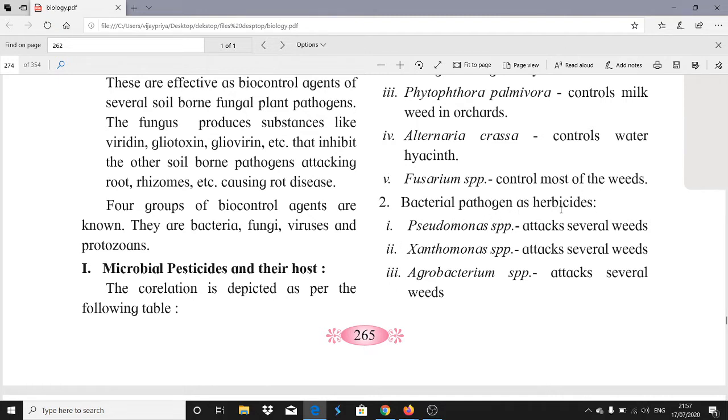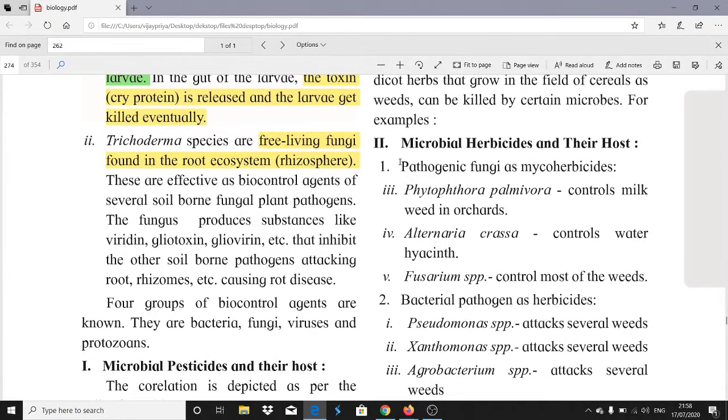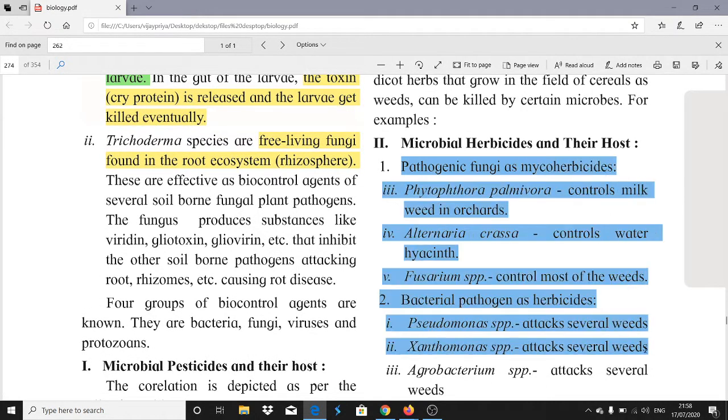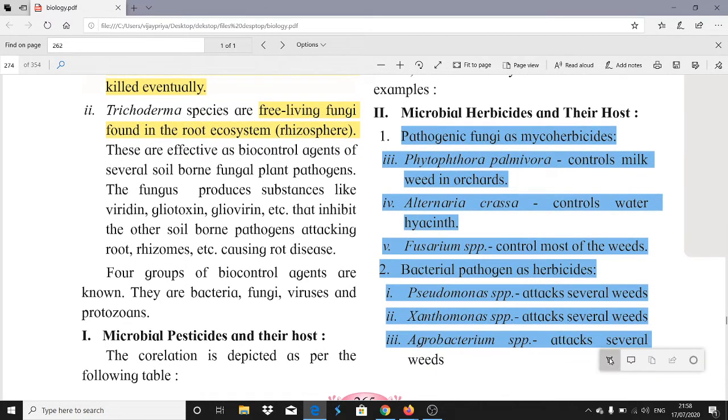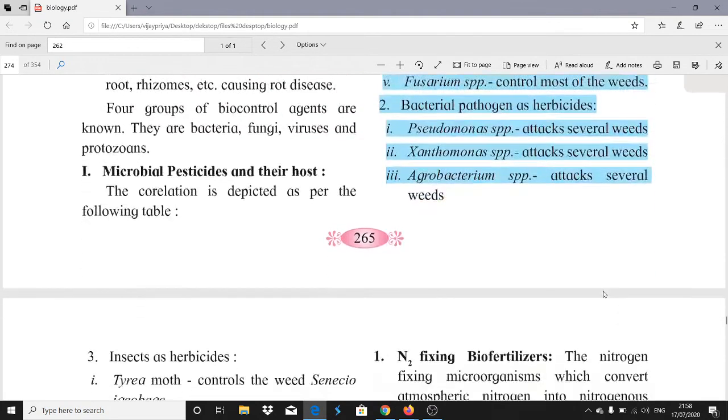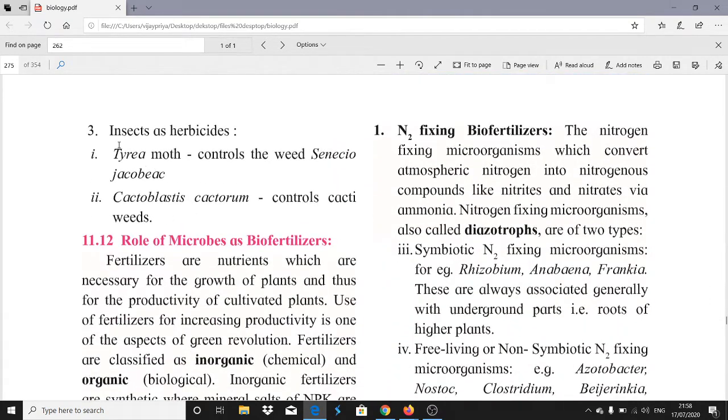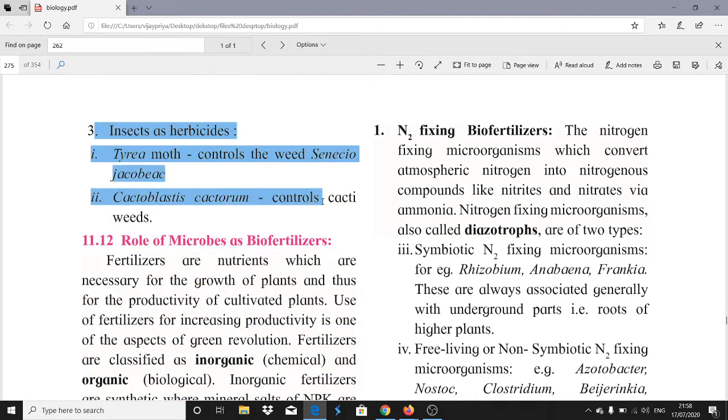Bacterial pathogens also act as herbicides, like Pseudomonas species, which attacks several weeds, Xanthomonas, which attacks several weeds, and Agrobacterium, which attacks several weeds. Now, this part is important, as you can see for each and every microorganism the pathogen is different and the host is different. So these names are important. This is part of the earlier part, so that part is important.